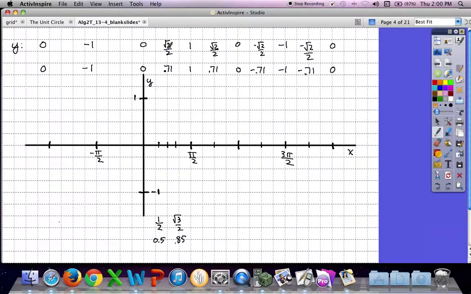So root 2 over 2, I need to know that's 0.71. That'll tell me I'm going, you know, 0.7, that's 1. That would have been 0.75, a little bit lower than that. So all I'm doing is taking all those values and, if need be, turning them into a decimal that I can plot.